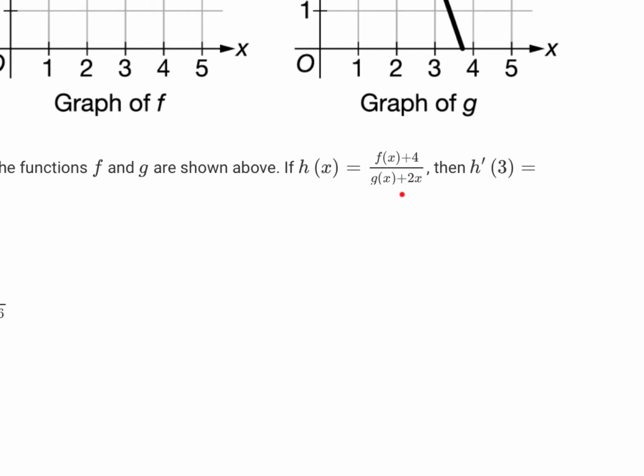Since h is a fraction with x's in the top and bottom, when we take the derivative, we have to do quotient rule. Then we'll plug in 3, look at what we have, and then go up to the graphs and substitute in actual numbers.